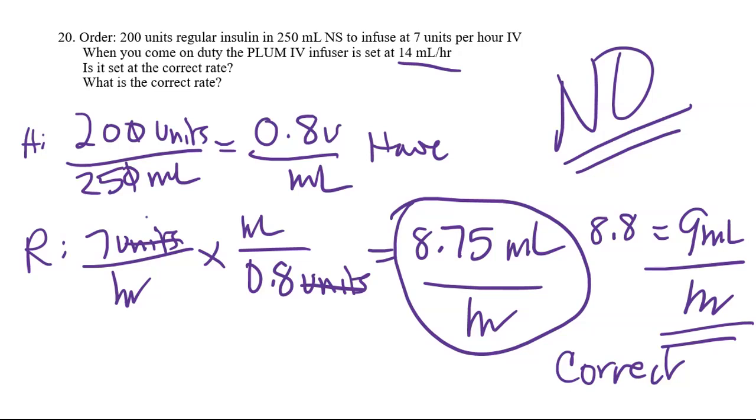That's what's supposed to be running, this is the correct amount. It's not what's running in the patient. When you come on duty, the actual rate is 14 milliliters per hour. So is it set at the correct rate? The answer is no, it should be at 9, and the correct rate is 9 milliliters per hour.